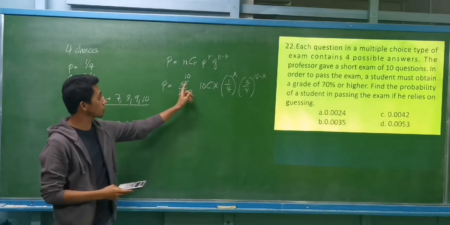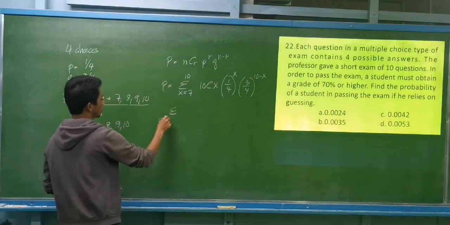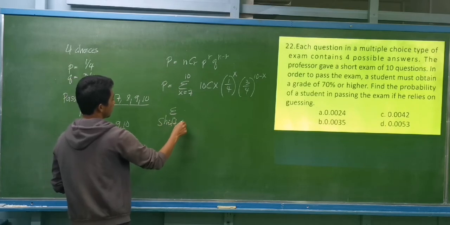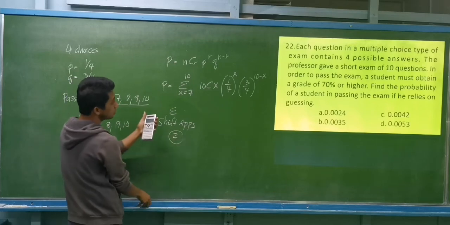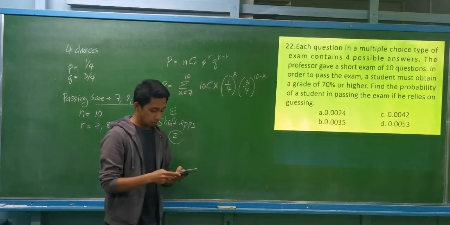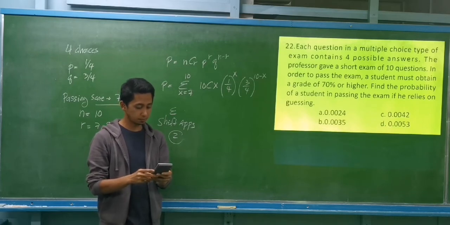So para mapalabas yung sigma, this is shift ups. Okay, number 2, using yung Canon calculator. That is from x equal to 7 up to 10.